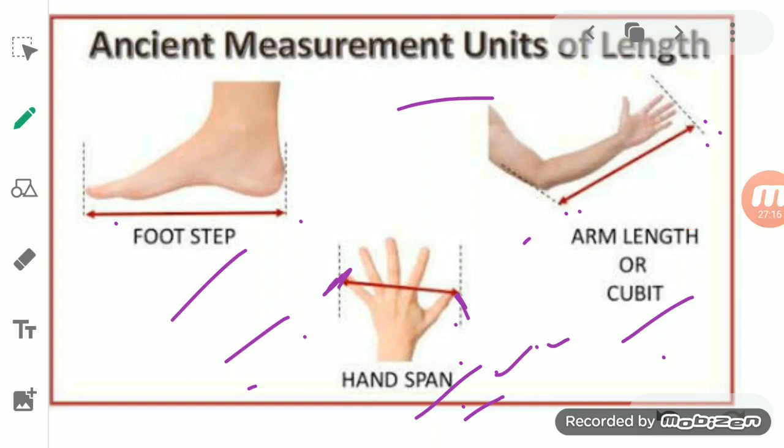So what happened afterward? If these are not reliable, then with time different countries developed their own system of units and their own system of measurement.